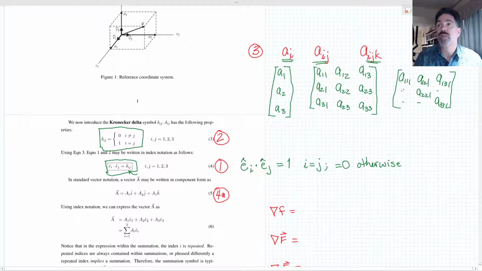And then I'd have another one of those. So I'm actually expanding in the third dimension here. I'd have another one where I'd have an a112, etc., over to a312. And so this is the third order tensor. That's what it represents. So this is the third degree or third order tensor.